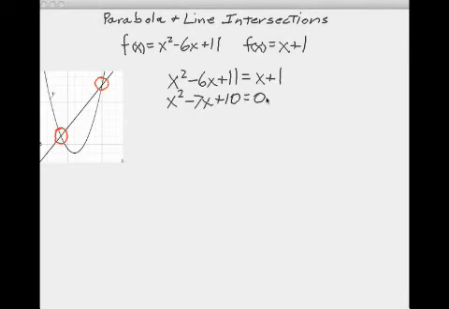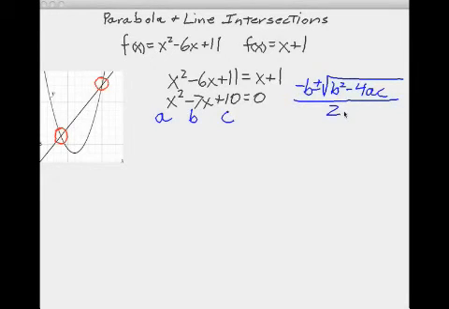Now I can put this into the quadratic formula. So let's review that just a little bit real quick. Remembering that in our quadratic function, this invisible 1 out here in front of the x squared, its coefficient is a, the negative 7 is b, the 10 is c, and our quadratic formula is minus b plus or minus square root of b squared minus 4ac all over 2a.